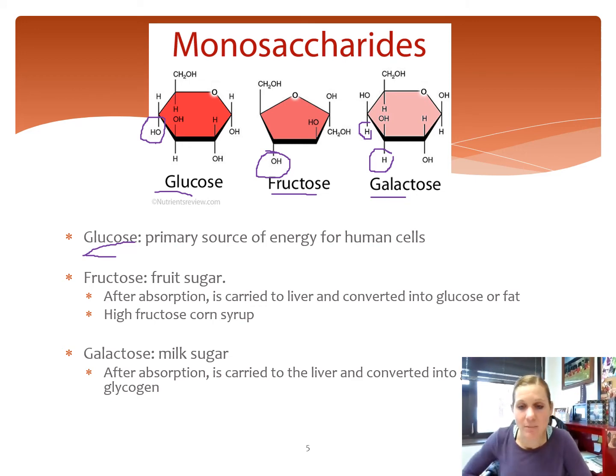Galactose comes from milk or dairy products, and as with fructose, once it is absorbed, it's carried to the liver where it can be converted into either glucose or glycogen, or if we overconsume it, it could be converted into fat. That's a little bit of a review of those monosaccharides, or single molecule sugars, that we have.